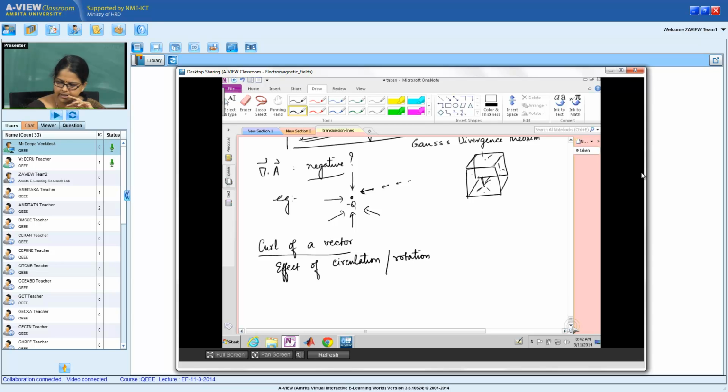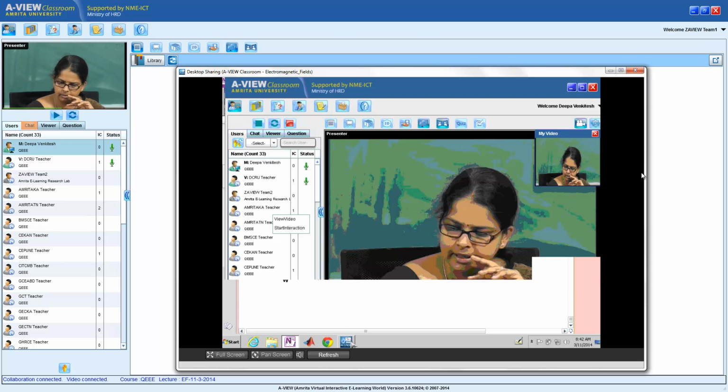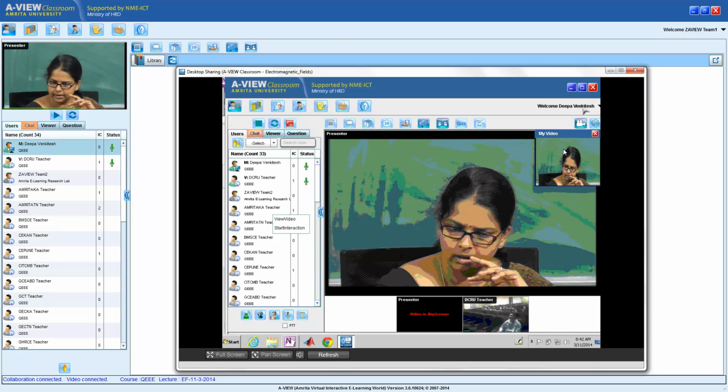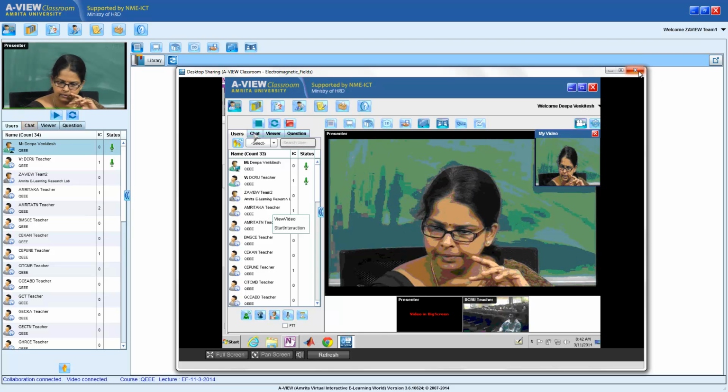Again, it's easier to understand the interpretation physically with an example vector field.